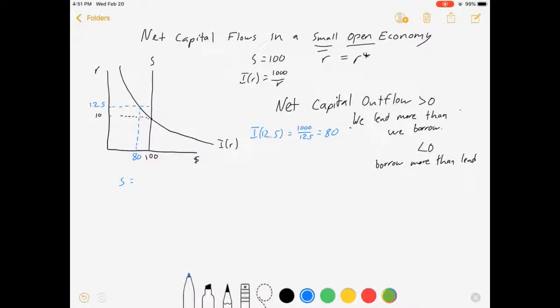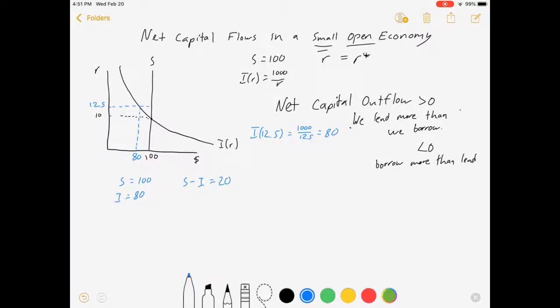So we've got savings equals 100, investment equals 80. We save more than we invest. That means we've got extra money floating around in this economy. Savings minus investment equals 20.